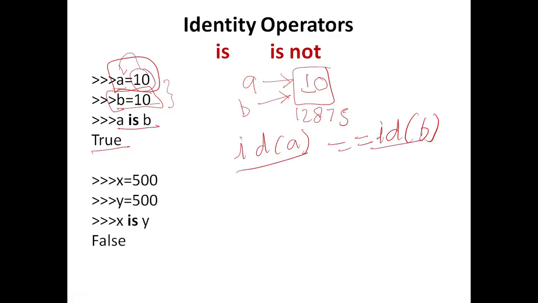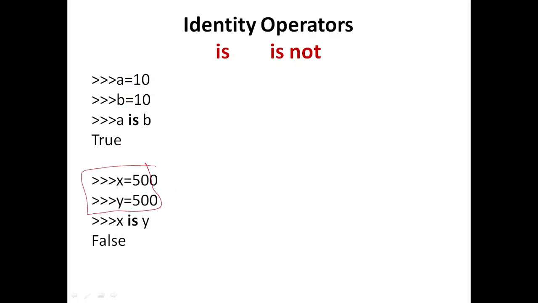Let's check another example. We have x equals 500 and y equals 500, but in this case Python does not do optimization. Both variables have the same value, but the Python interpreter does not perform any optimization. That means for the first line it will create an object with value 500 and assign it to variable x, and it will have some identifier, suppose something like this.